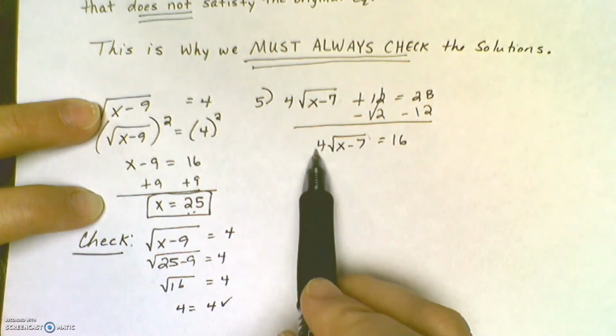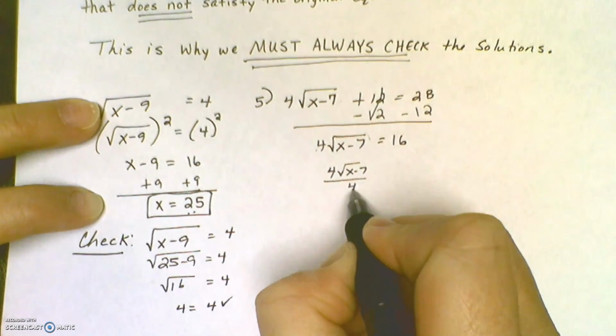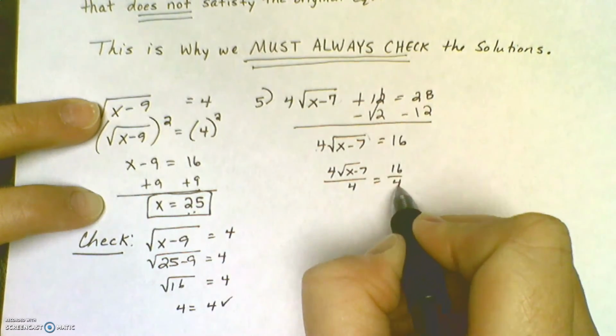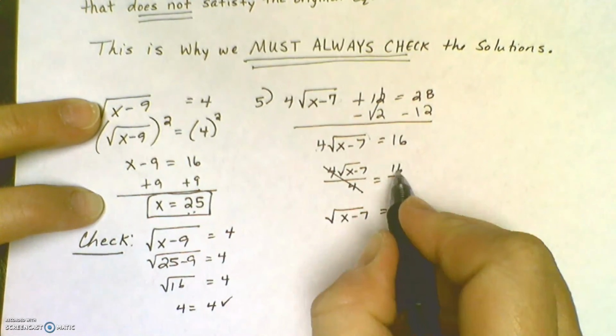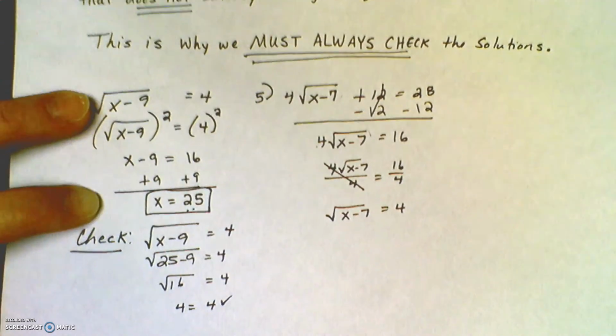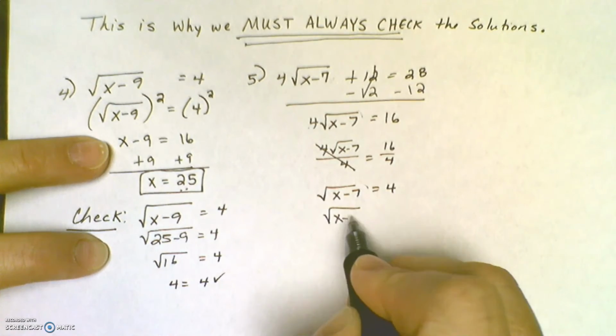Isolate the radical, so get rid of 4 by dividing both sides. Square root of x minus 7 equals 16 divided by 4, which is 4. The radical is isolated, so let's square both sides.